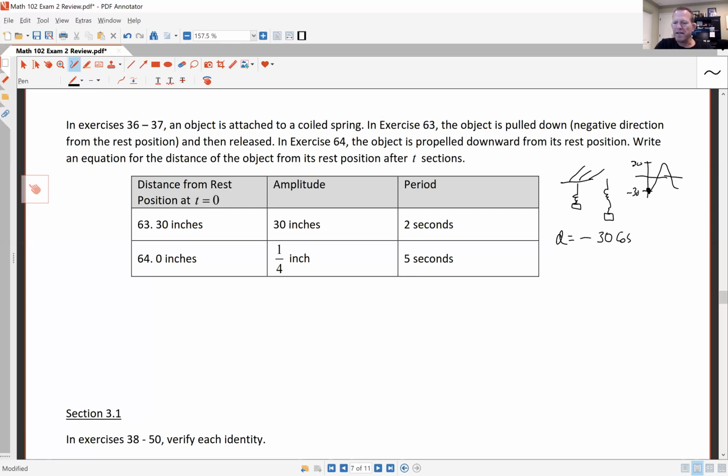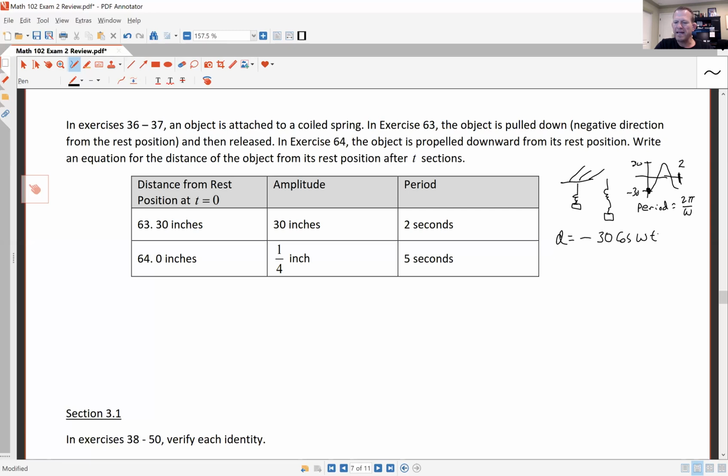And if the period is 2 seconds, we know that the period is 2 pi over omega.